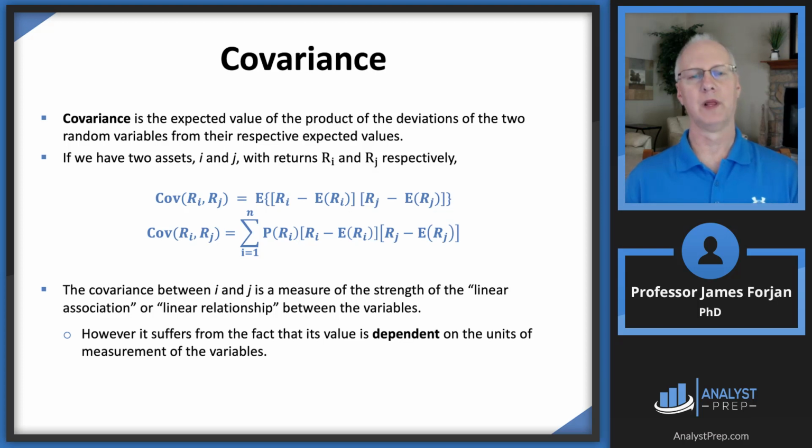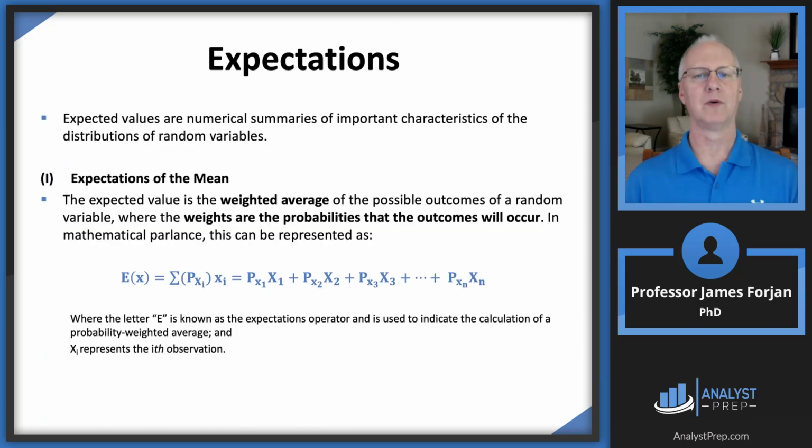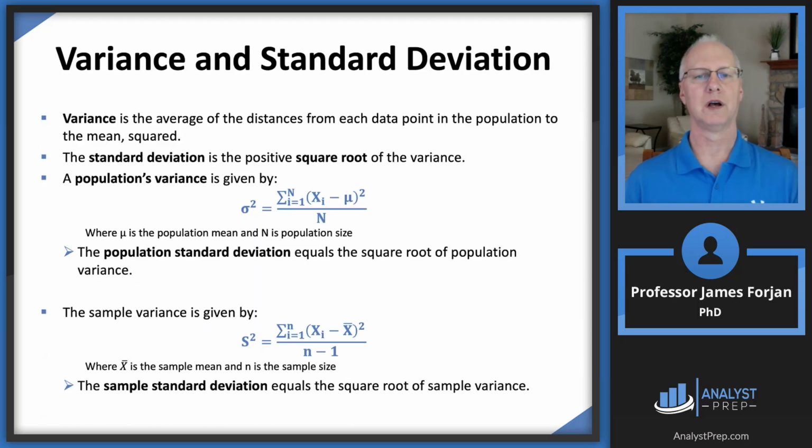So here's a good formula: the covariance between R sub i and R sub j. Those are just two assets. Let's suppose those are hedge fund returns. And let me quickly go back to the formula for the variance and standard deviation. I want you to look at the sample down at the bottom. Note we have x sub i minus x bar, squared.